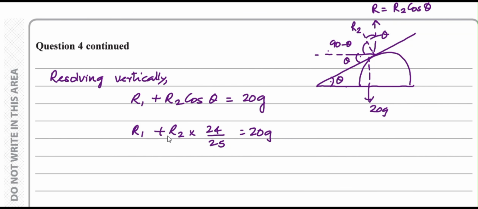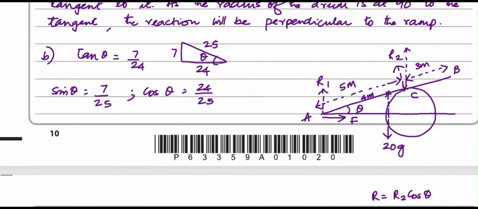Unfortunately, we do not know R1 and R2. Therefore, we have to resort to another equation to solve this. Let's call this equation 1. Let's take moments about A. The clockwise moment about A by this 20g force will be 20g times the perpendicular distance, this one, which is equal to 4 cos theta.